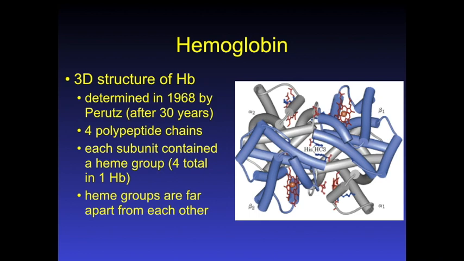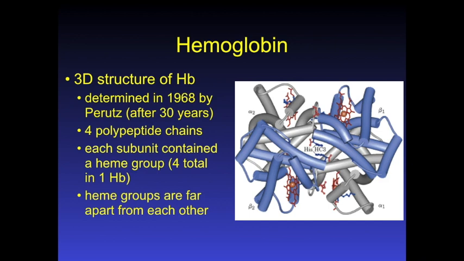Hemoglobin is different than myoglobin because of this. Myoglobin is functional as a single polypeptide, one protein. Hemoglobin works together as four of the same folded protein. We actually have two versions, two alphas and two betas.